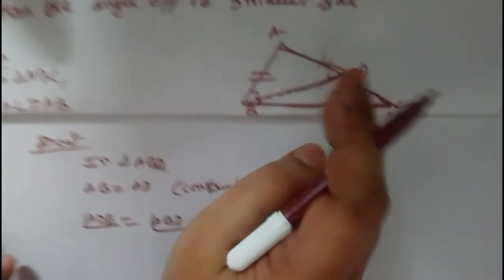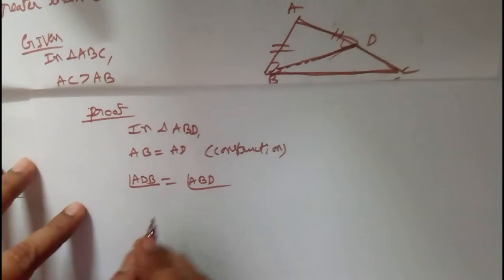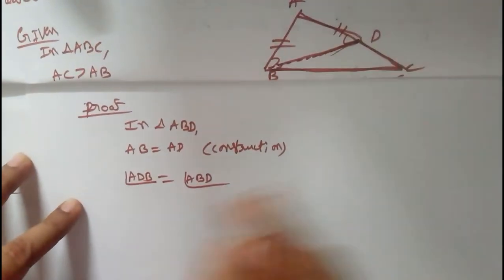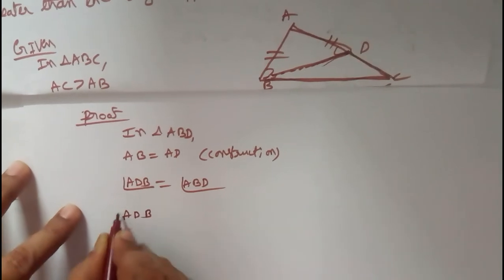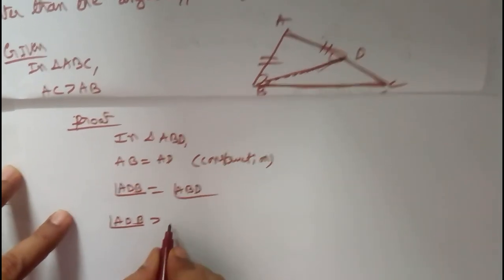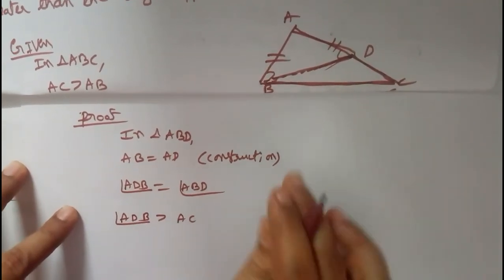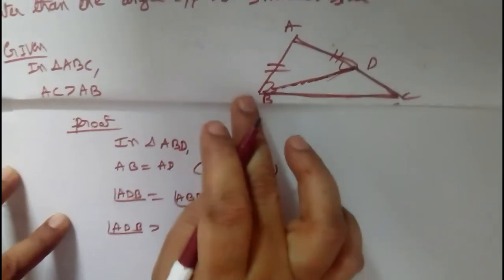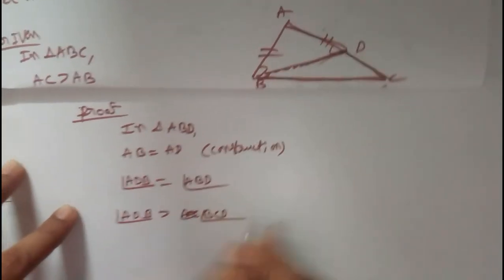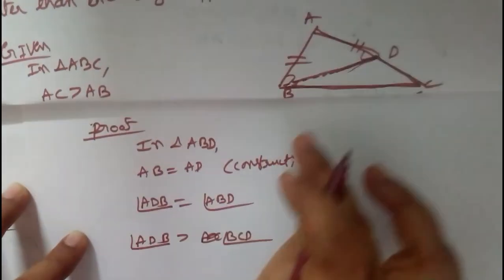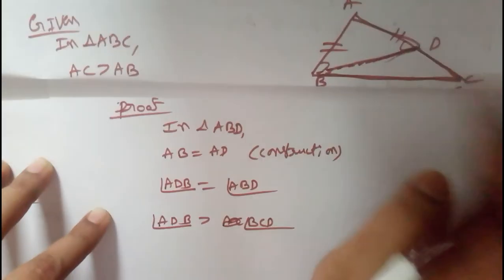We know that the exterior angle of a triangle is greater than the interior opposite angle. So angle ADB is greater than angle BCD. Angle ADB is the exterior angle for the triangle BCD, so ADB is greater than BCD.